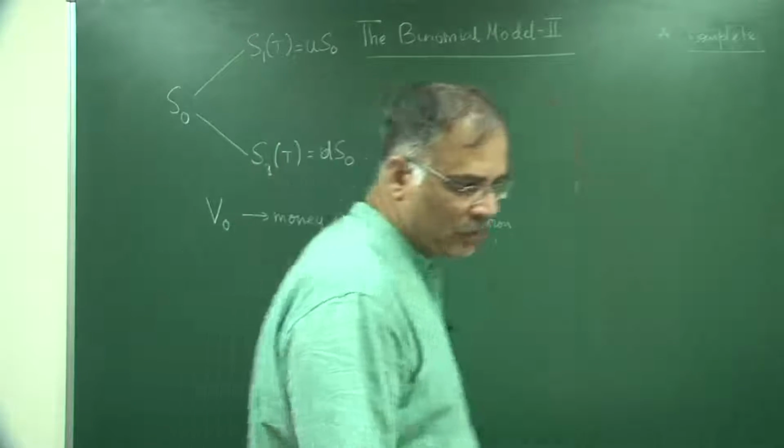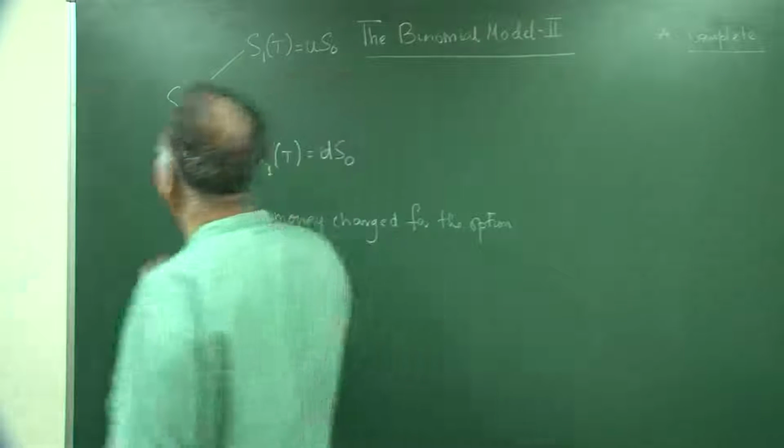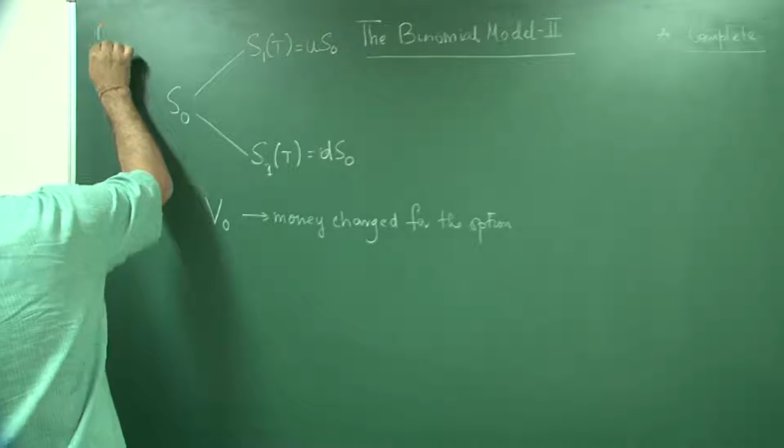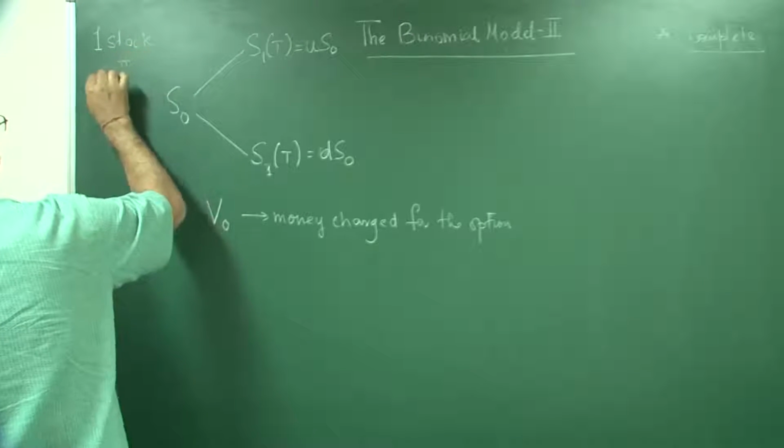Okay. So, what do you do? You take that money, and part of it you use to buy some delta naught amount of shares of the given stock. This is a market with one stock and one bond, or one stock and one money market. Our market is a very simplistic market: one stock plus money market.